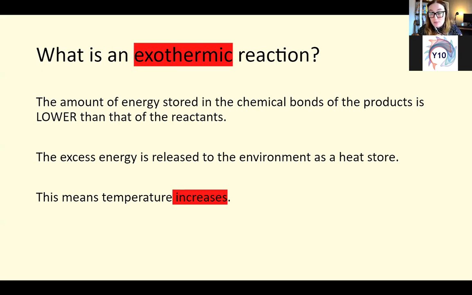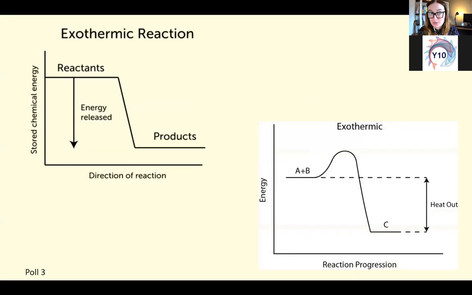So exothermic, let's look at that in a graph, because in your exam, you will have to recognize these graphs. So this is the energy profile for an exothermic reaction. As I've said, and we'll look at this one on the left first, the reactants here are at a higher energy level than the products.